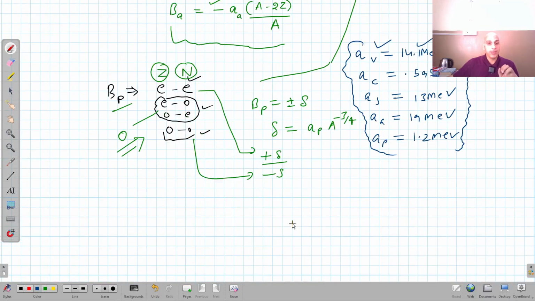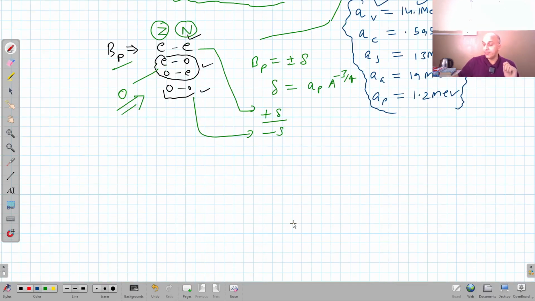So now by joining all these five terms, I can write down the binding energy. B will become equal to a_V into A, minus a_S, the surface energy constant, A^(2/3), minus a_C, the Coulomb energy term, into Z² into A^(-1/3), then minus the symmetry energy term.